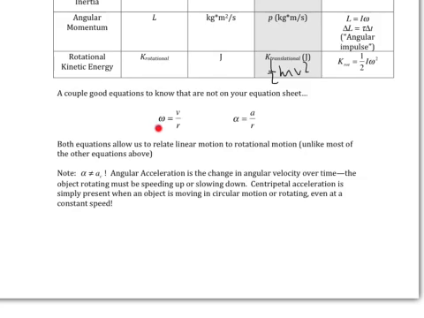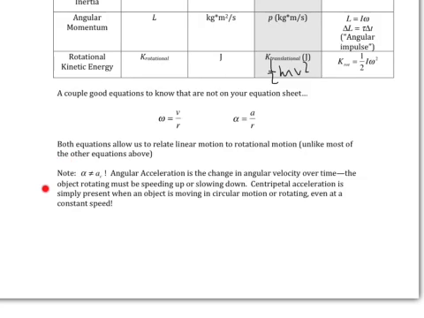But I mentioned that the angular velocity, omega, is the same because it covers the same amount of radians in the same amount of time, however many seconds. So really that relationship there for omega, the angular velocity, is just your tangential velocity divided by your radius. Similarly, for alpha, for angular acceleration, the relationship there is tangential acceleration divided by the radius. So again, both equations allow us to kind of connect the two together.